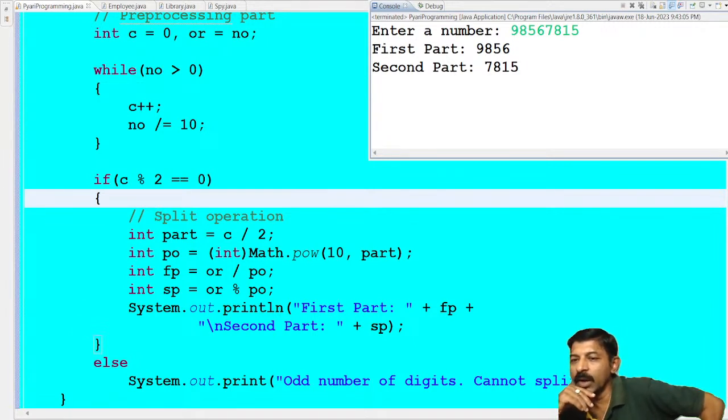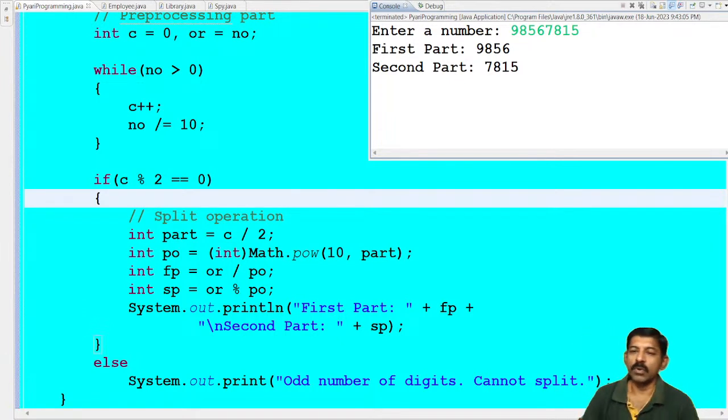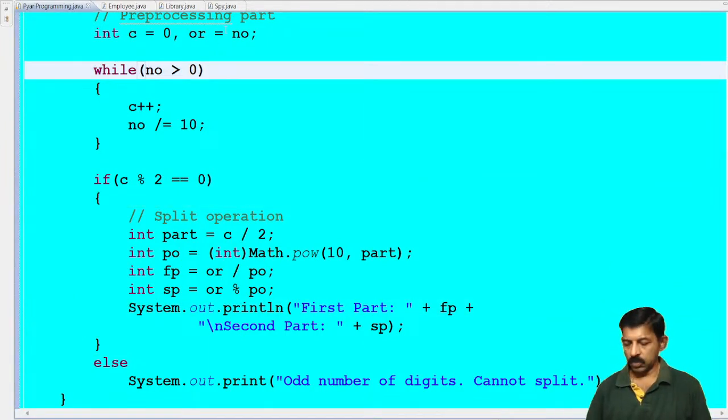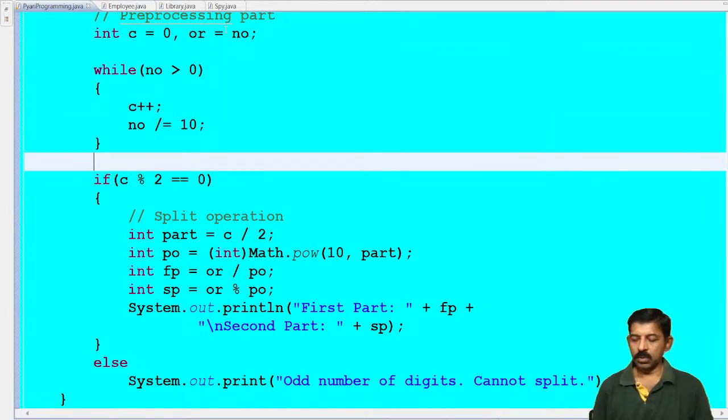Yes sir, why is it 10 to the power part? Okay, because why I'm saying 10, I have already explained. You, Aditya, just look at over here. Suppose my number is 45 or 458.